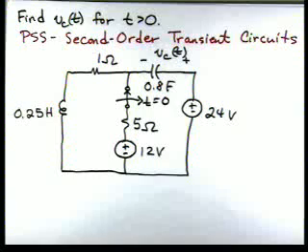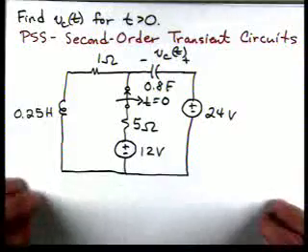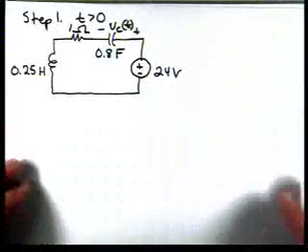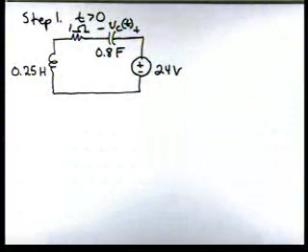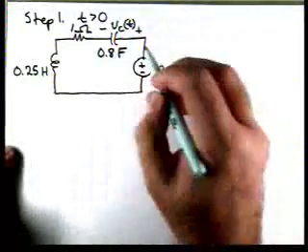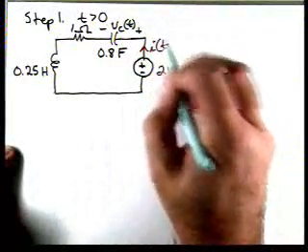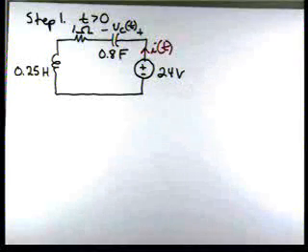So if we look at our problem-solving strategy, the first step is to write the differential equation for the circuit. So let's draw our circuit for t greater than 0. Here's a single loop circuit. I'm going to define a current i of t in that circuit.